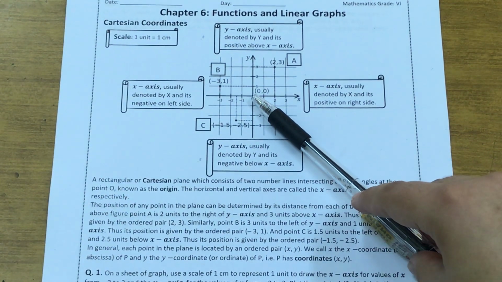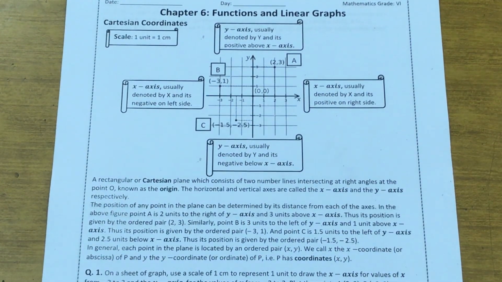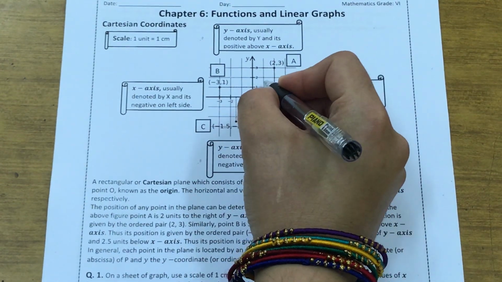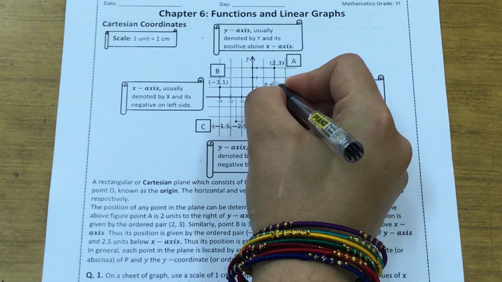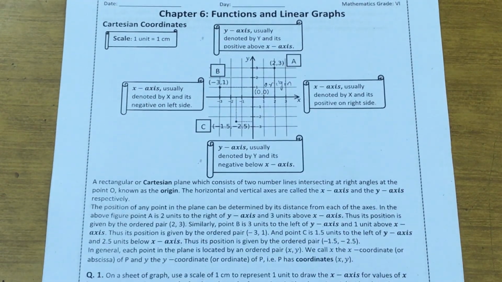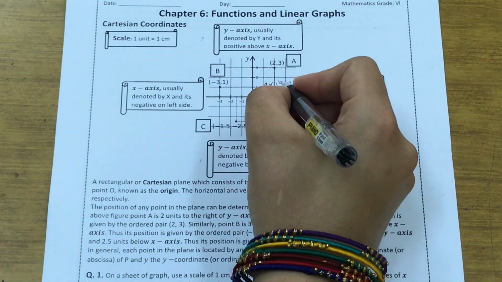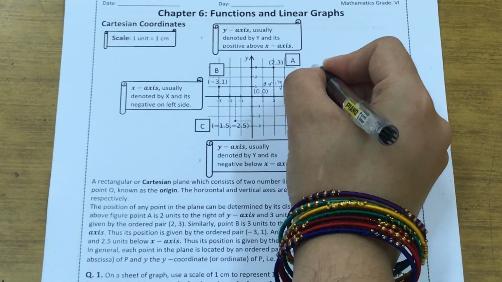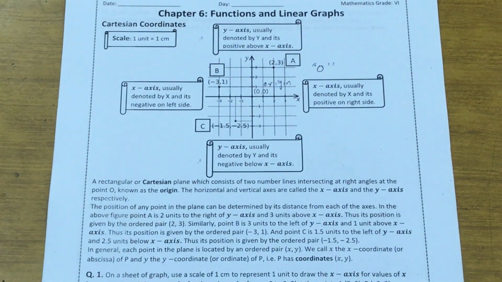The point of intersection is known as the origin, and it's represented by the capital letter O.